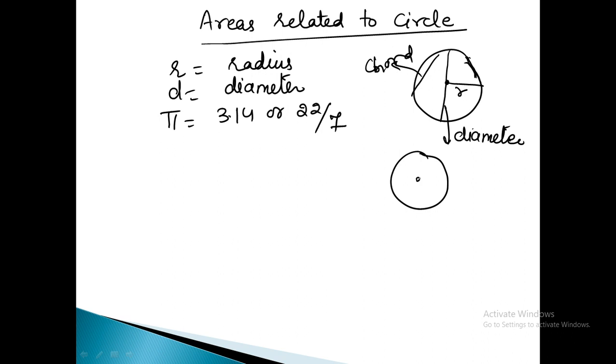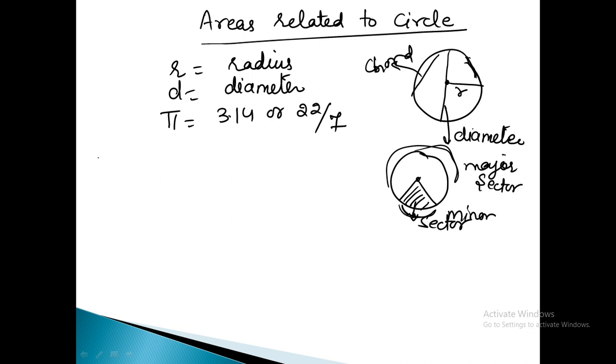When we draw this portion, it is known as a sector. This is the minor sector and this portion is the major sector, and these are represented by arcs.